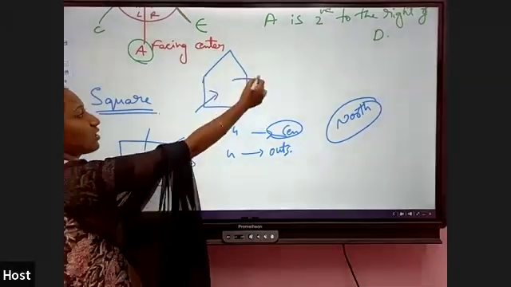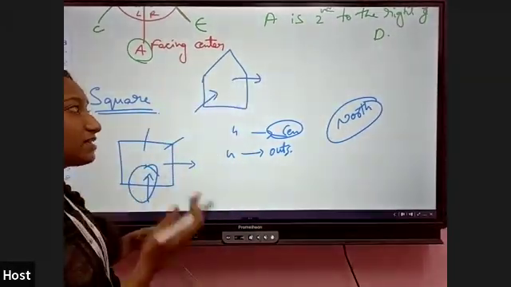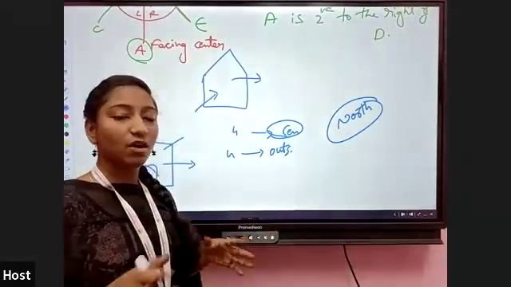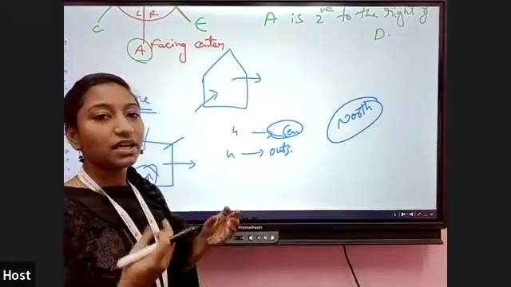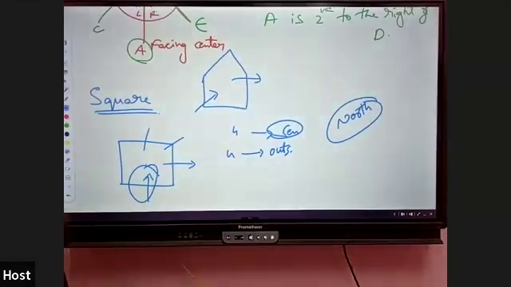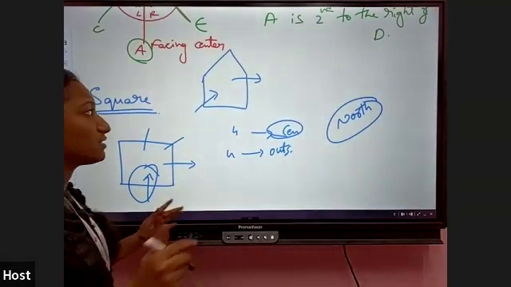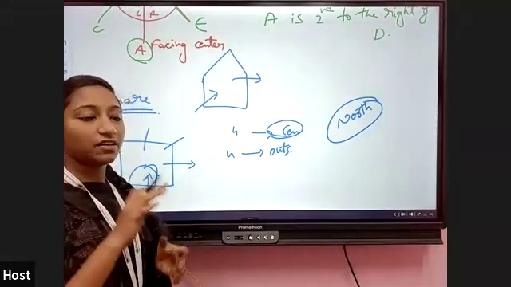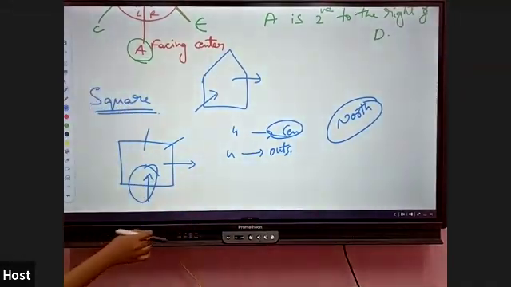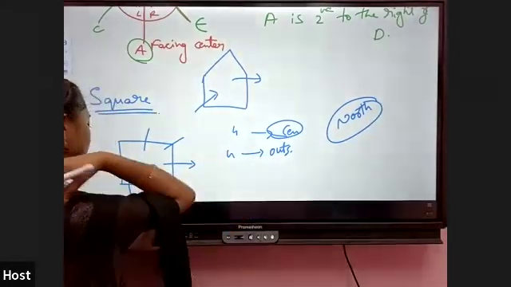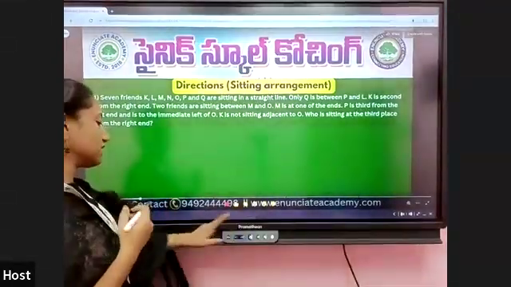Facing center or facing outside, and second right, second left, are all the same. But for the row, it is different. In the square, circle, rhombus or pentagon, any diagram, the process to solve is the same. So let us solve some examples regarding sitting arrangement.